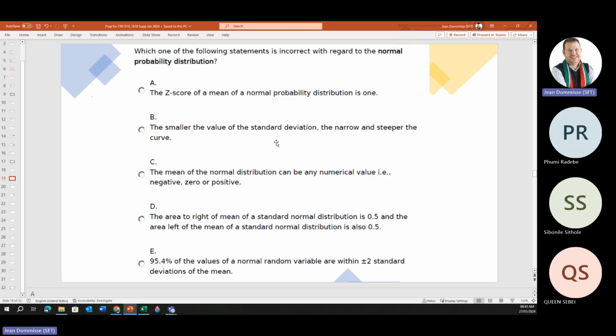Okay, let's skip that one because that's also binomial. Let's go into normal distribution. So with this question again, it is a definition type of question.